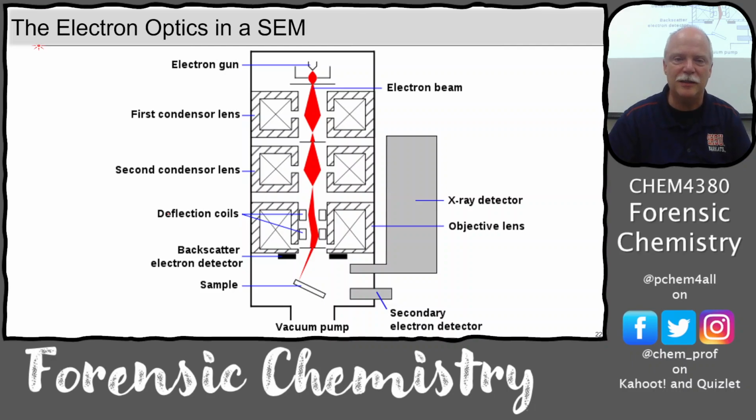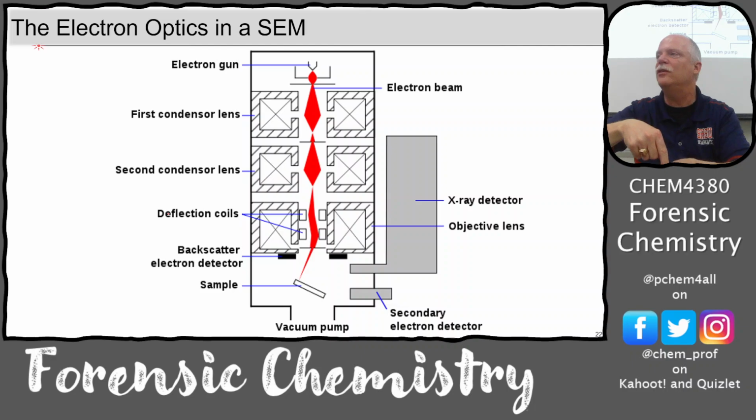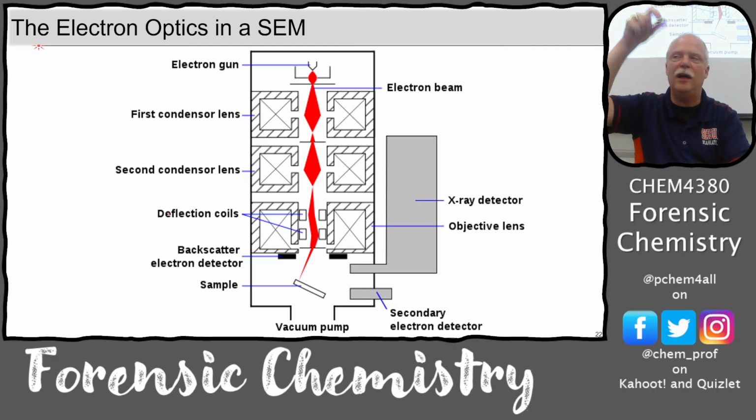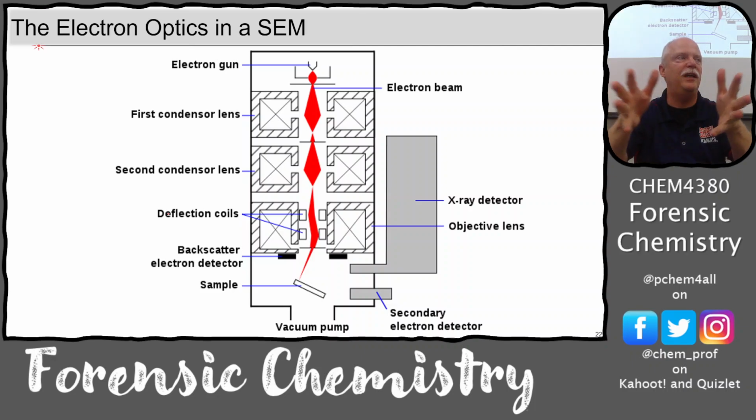So here's the electron optics. What is an electron gun? Well, it's not anything super special. It sounds really cool, but it's just a wire that's really, really negative compared to the sample. The sample can be held at ground, and to the very negative wire, ground is very positive. And so the electrons are attracted to ground, and they'll start just boiling off. If you think about electrons, they don't like each other, so they're on the surface of any conductor.